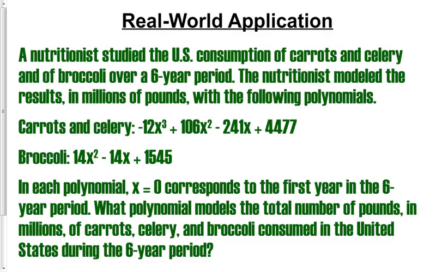So the x has to do with the number of years. What polynomial models the total number of pounds in millions of carrots, celery, and broccoli together consumed in the United States during the 6-year period? So we're going to have to take those and combine those, add those together. So I'm going to leave that with you to work on if you'd like.